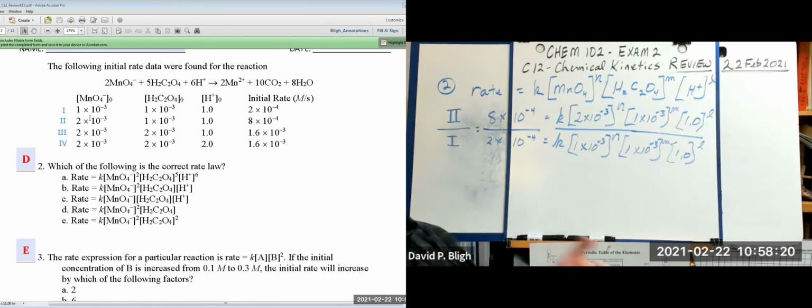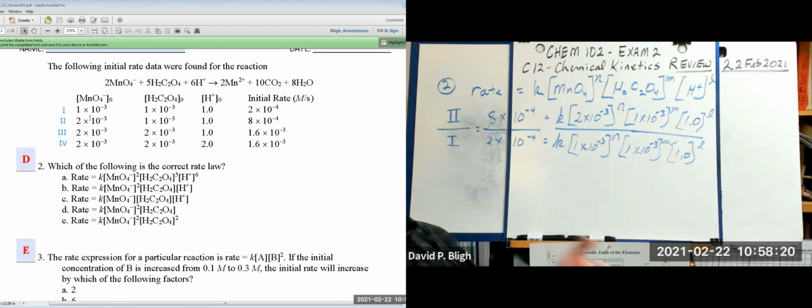So let's look at B and see if it satisfies. So B, the rate determining step for B is NO3 plus NO yields 2 NO2. Is that right?